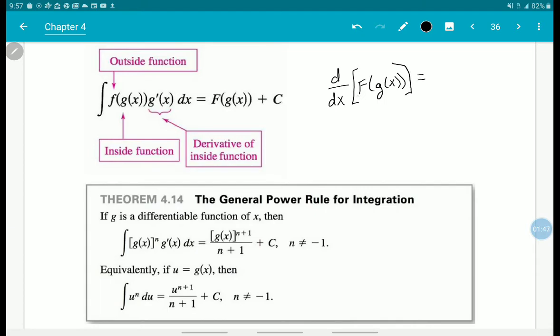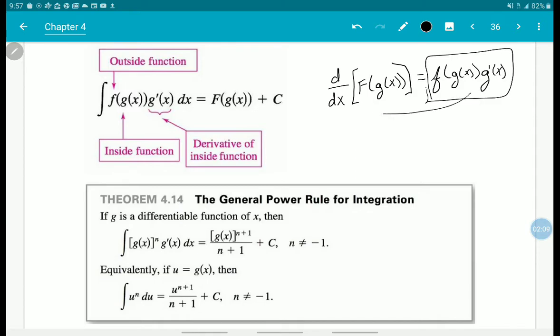Then when you take the derivative of the antiderivative, you get that lowercase f of x. So that's the derivative of your outside, and then you have to take the derivative of the inside. This is your chain rule. And then we're going to have that.